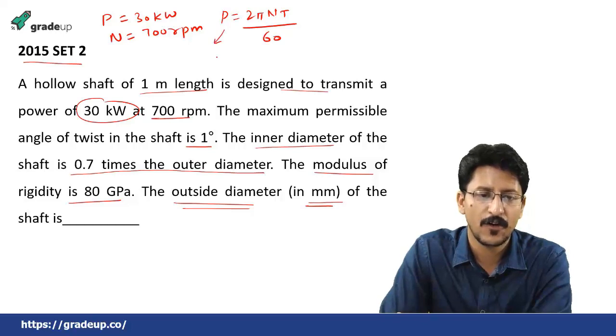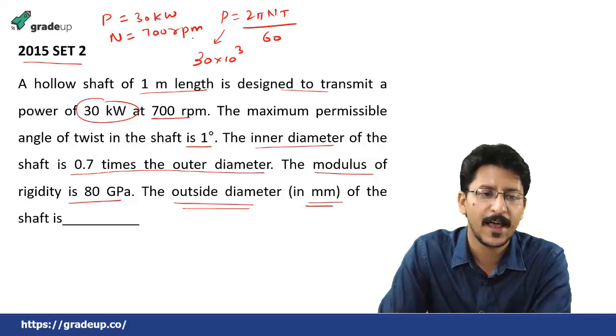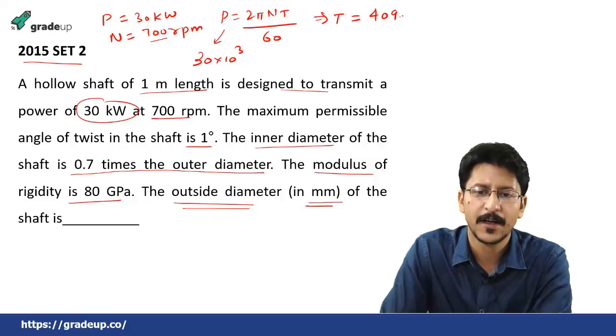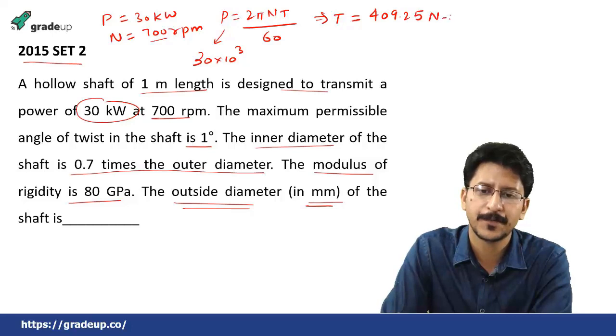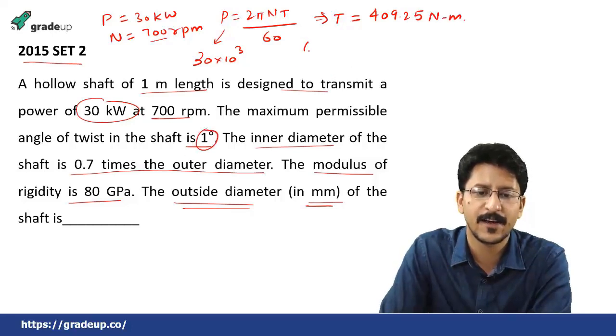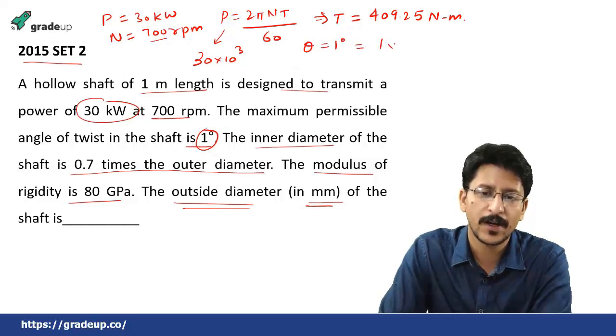Supplying the value of P as 30 into 10 to the power 3 and the value of N as 700, we get the value of T, the torque, as 409.25 Newton meters. Then theta is given as 1 degree, which can also be written as 1 into pi by 180 radians.